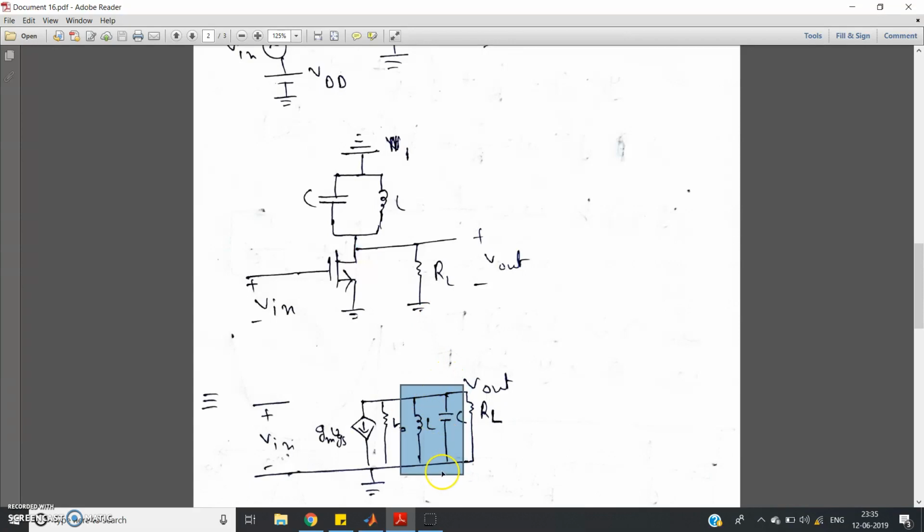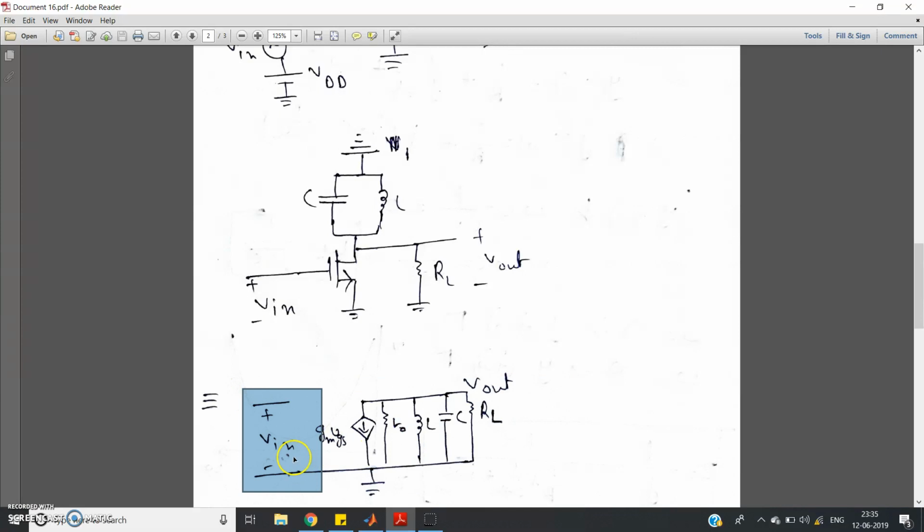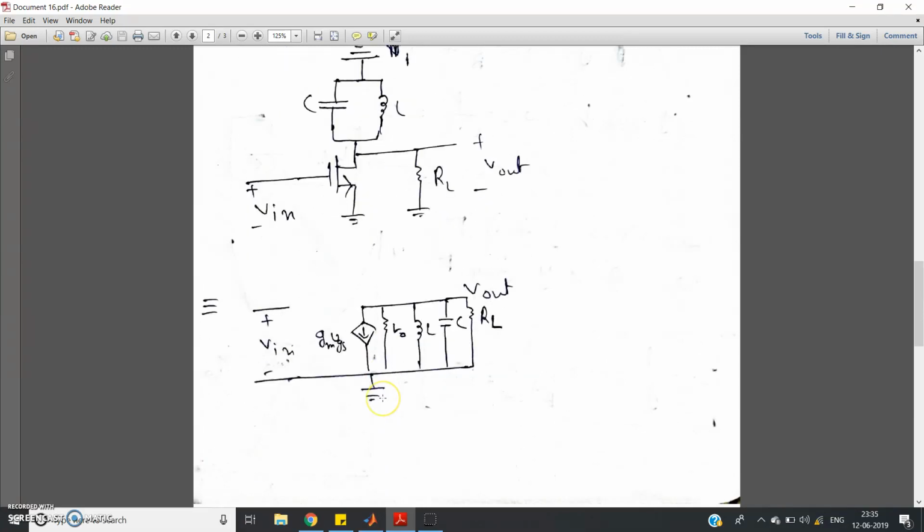Between drain and ground, the inductor and capacitor are connected, and RL is also connected between drain and ground, or you can say drain and source, because the source is short circuited with the ground. Okay, so this becomes our circuit. Now we have to analyze this. No need to think about the left hand side because it is not connected with the right hand side. We just have to apply the concepts of network theory and analyze this circuit. Very simple.